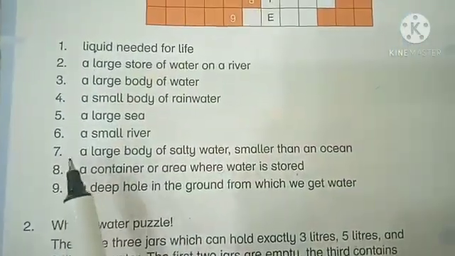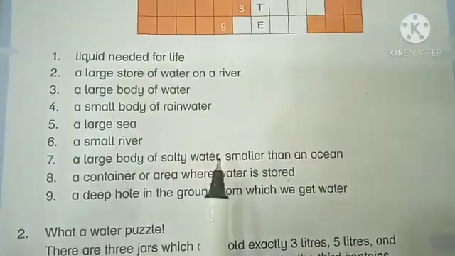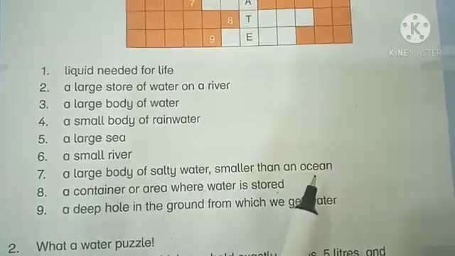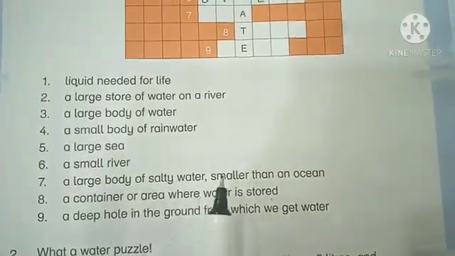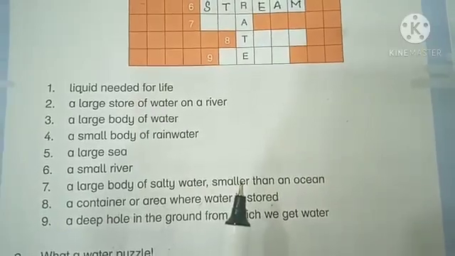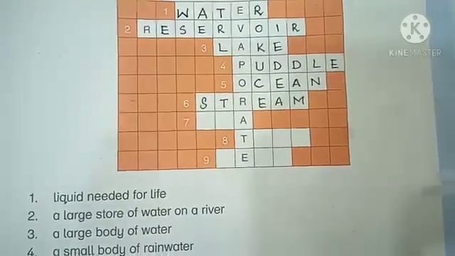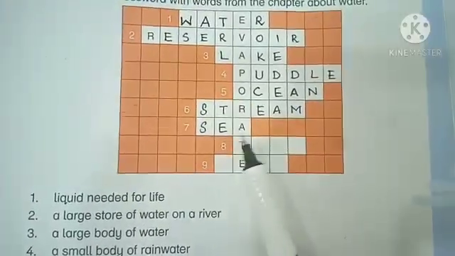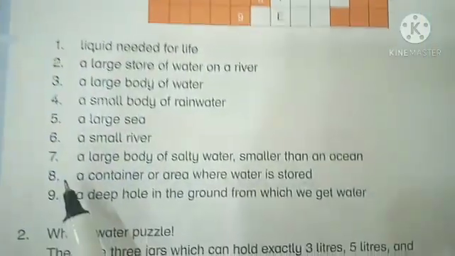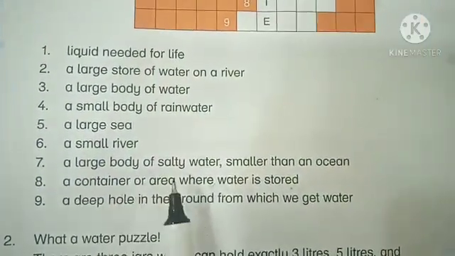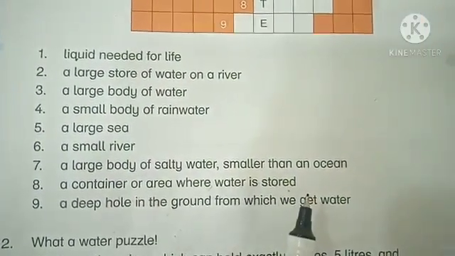S-T-R-E-A-M, stream. Seventh one is a large body of salty water smaller than an ocean. So it's obvious that sea is smaller than an ocean and it has salty water. So we will write here sea. S-E-A. Eighth one is a container or area where water is stored.